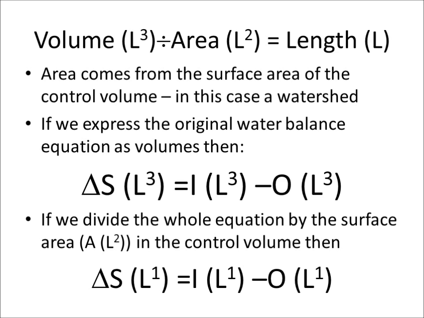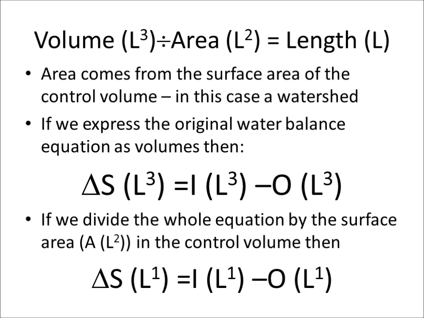Well, in order to change a volume to a length, we have to divide by an area. So if you look at the units in the very top equation here, volume expressed in length cubed divided by area expressed in length squared yields a length on the right-hand side. Area comes from the surface area of the control volume.